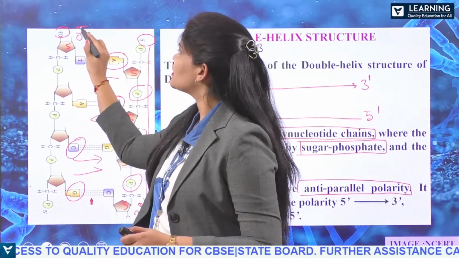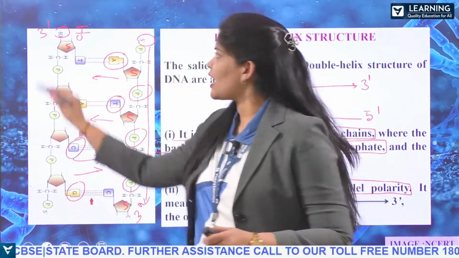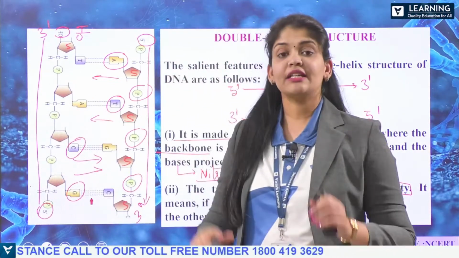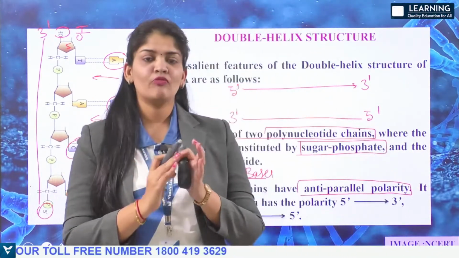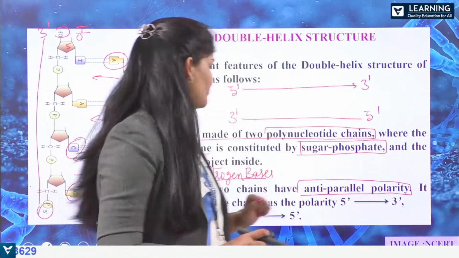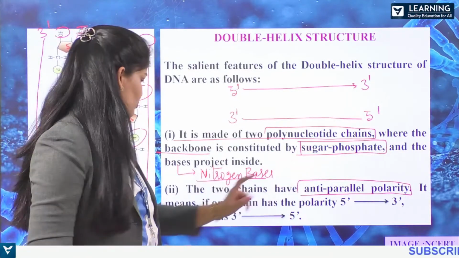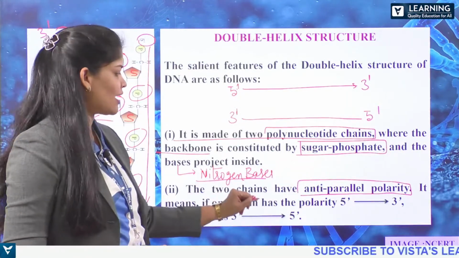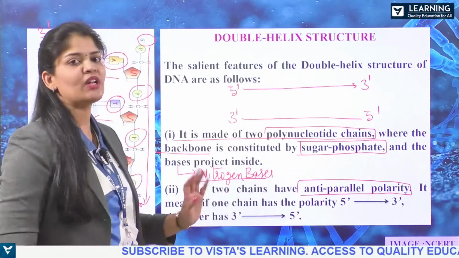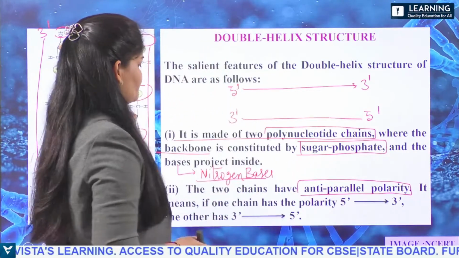If the OH group is present here, that means it is the 3 prime end, and here is the 5 prime end. That means each strand runs anti-parallel with respect to the other strand. The two chains have anti-parallel polarity. That means if one chain has the polarity of 5 prime to 3 prime, the other chain will have the polarity of 3 prime to 5 prime. Simple.